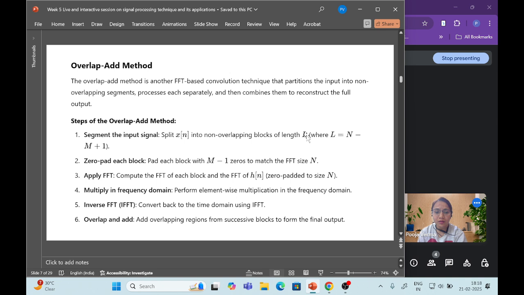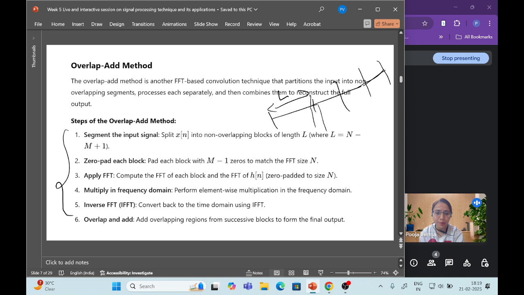The input is divided into non-overlapping segments and processed separately. First, segment the input signal into non-overlapping blocks of length L, then pad each block with M minus 1 zeros to match the FFT size N. On a long sequence, we first divide into length L blocks, add M minus 1 zeros at the end, and apply the FFT.